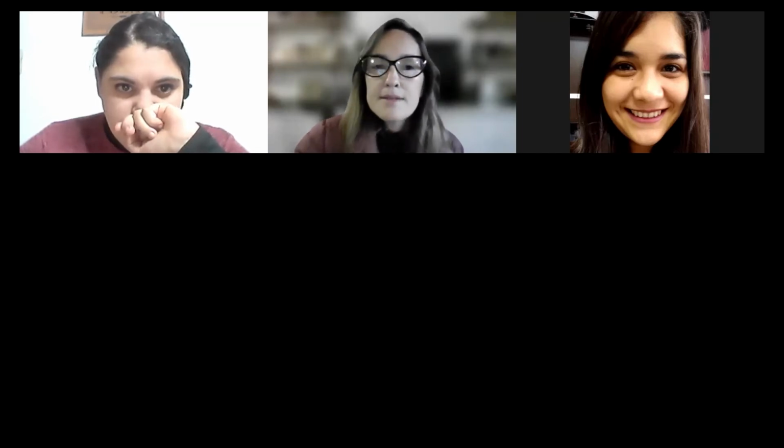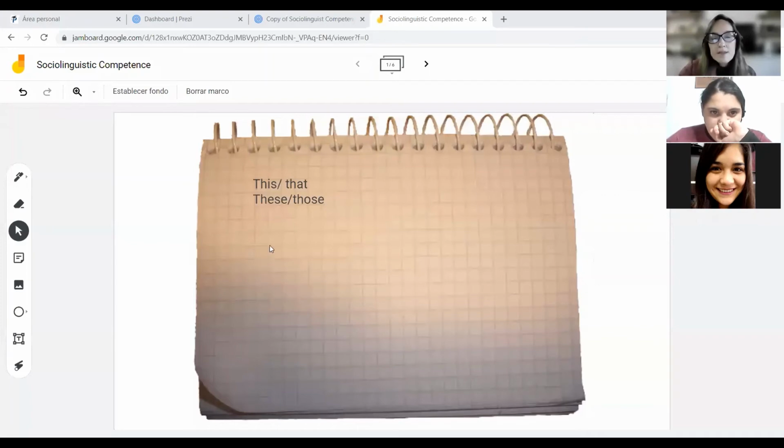So, what you will see is this. On one slide, you will have some language items, right? And you will have to think about what functions are associated to those language items, if there are any other ways in which we can express the same functions, right? If you think there might be difficulties for us as language teachers of Spanish students, right?